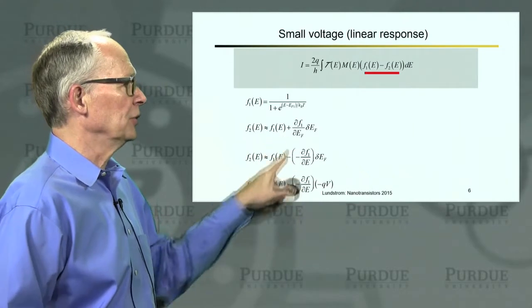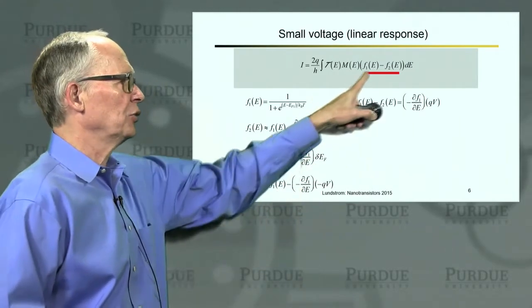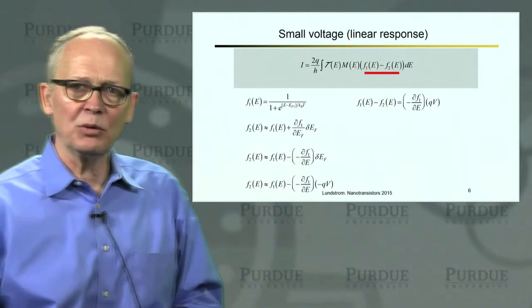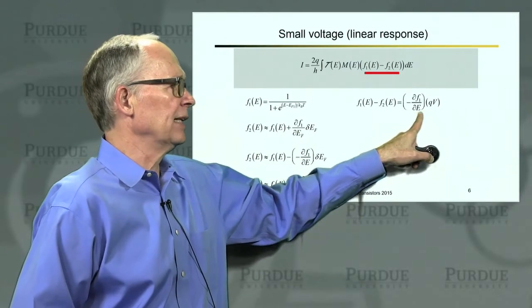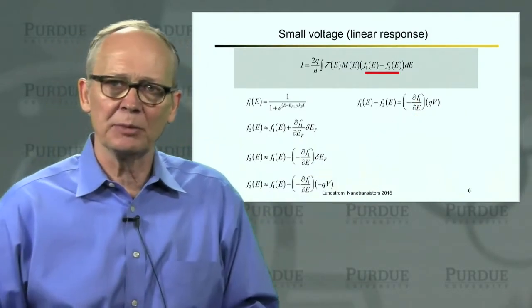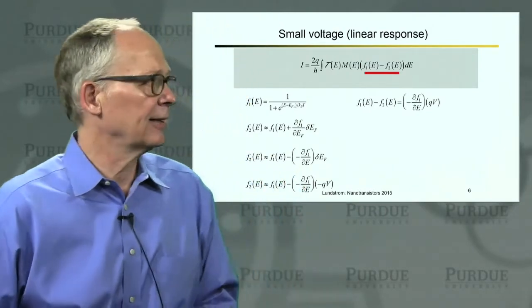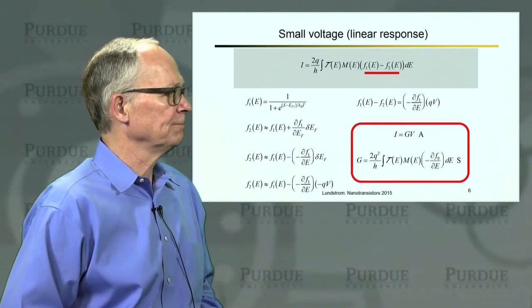Now all I have to do is subtract F1 minus F2, and I'll find what this quantity looks like when I have a small bias applied. What I get is related to this quantity dF1/dE, just a derivative of an equilibrium Fermi function, something that I can take, and it's proportional to the voltage, Q times the voltage.